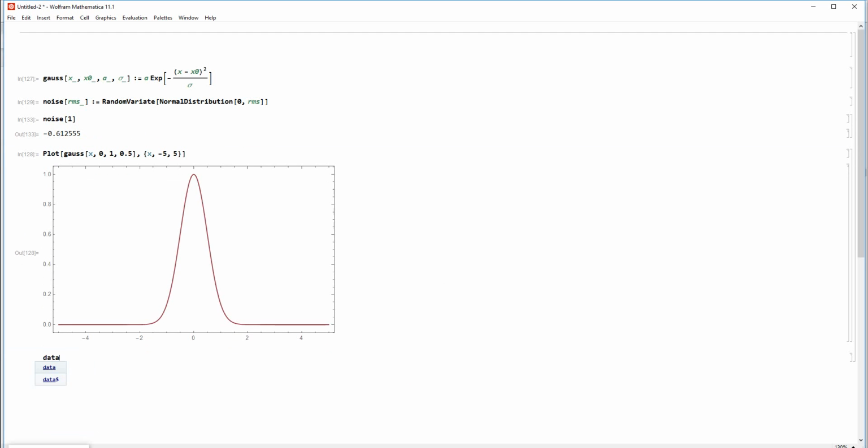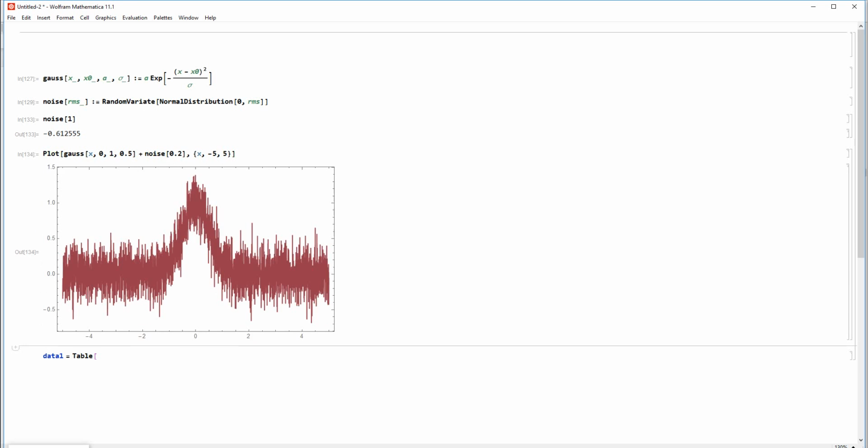Good. Now let's make some measurements. We have a spectrograph that's taking measurements at some given sampling, so at some given x values. Just to visualize this, that's how our data looks, noisy.